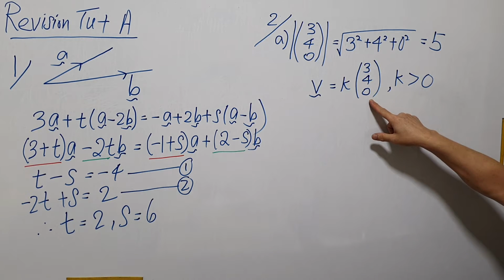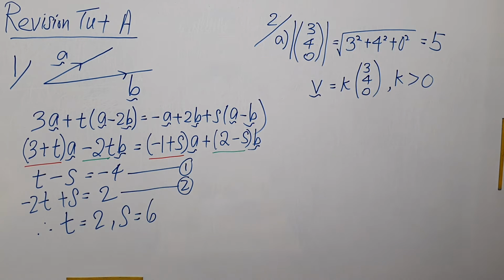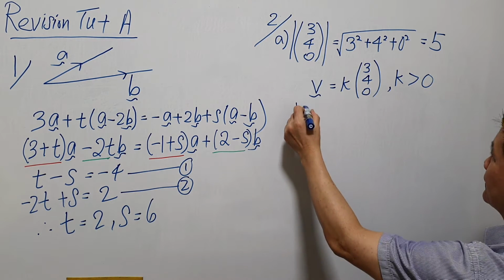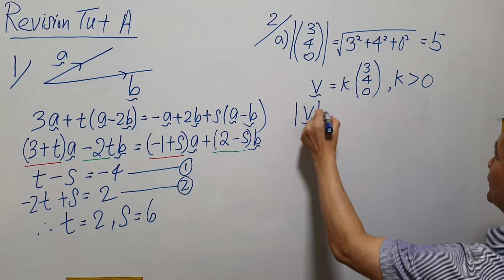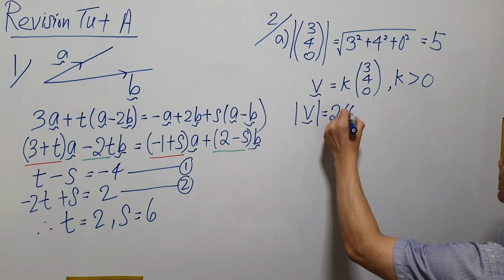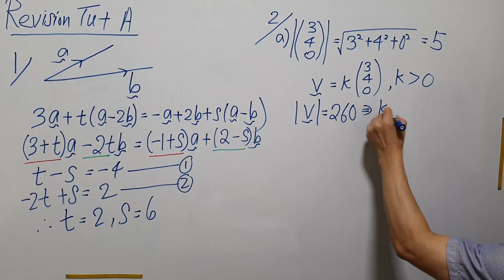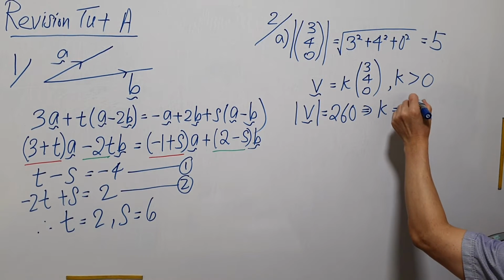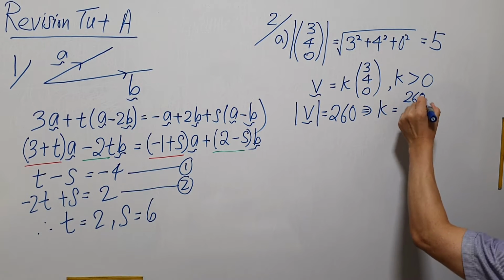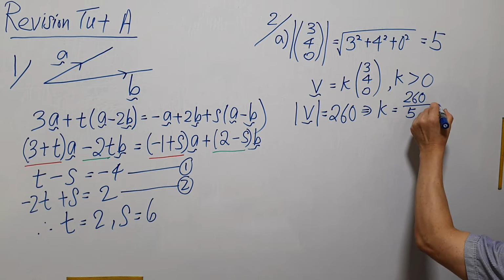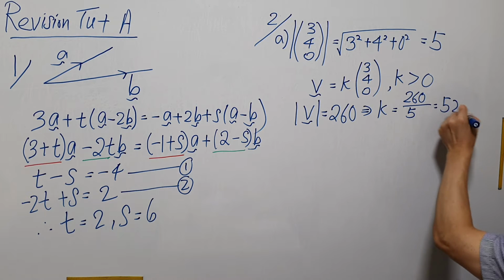This vector already has a magnitude of 5. So what do you think that k ought to be? In order to have a magnitude of 260, right? The value of k will have to be 260 divided by 5, and it has to be 52.